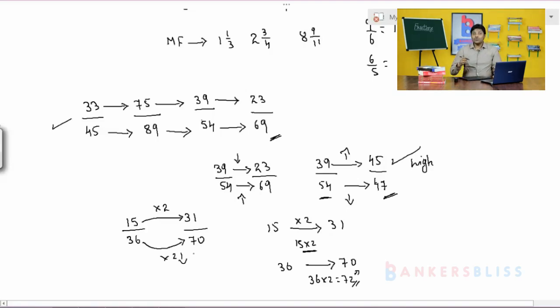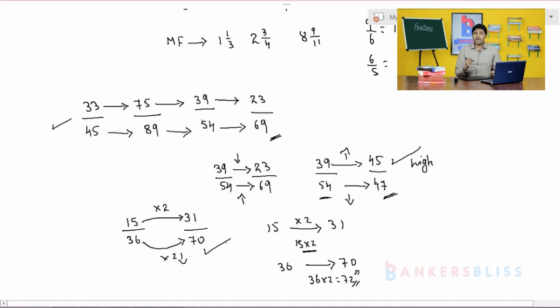Means what? The numerator increasing rate is much more than the denominator increasing rate. If you compare the increasing rate of numerator and the denominator, numerator's increasing rate is more than the denominator increasing rate. Therefore, the resultant fraction value is higher. Okay, therefore 31 by 70 is higher, and it is vice versa.